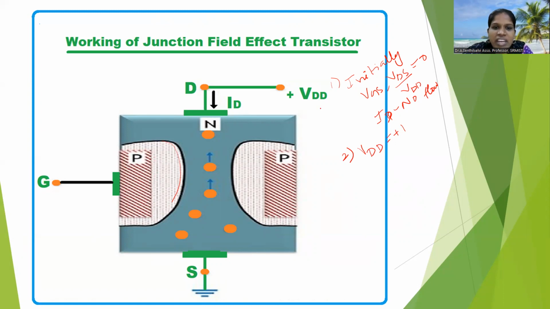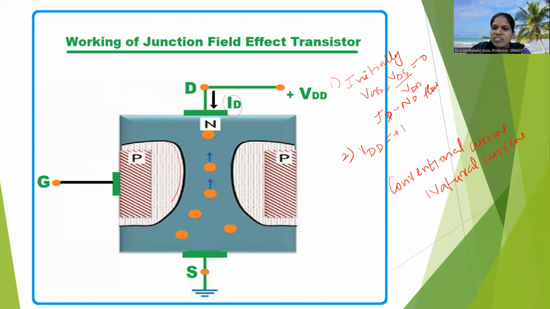After applying the VDD voltage, some path is created and there is a flow of electrons. Because of the flow of electrons, there is a flow of current. The electrons flow from source to drain. And in the previous classes, I told you that two types of currents are there: conventional current and natural current.